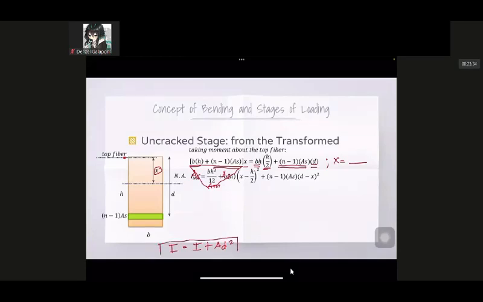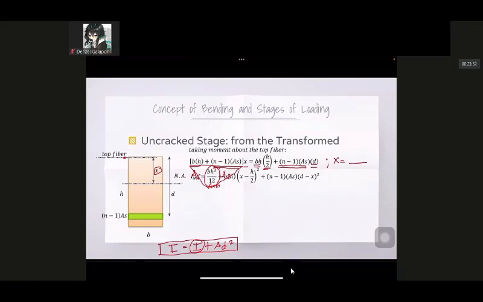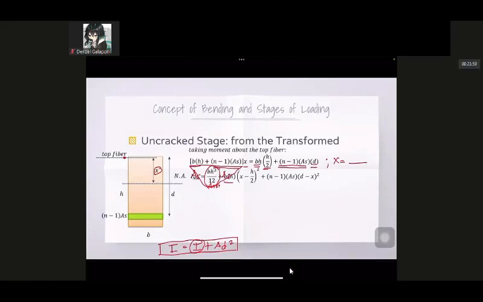Let's say, for example, this is the moment of inertia of the original concrete. So that is 1/12 BH cubed plus the area of concrete, that is B times H, multiplied by the moment arm from the neutral axis. So that is H over 2.